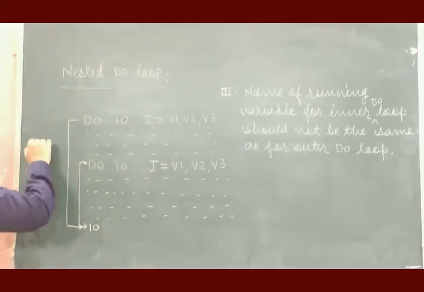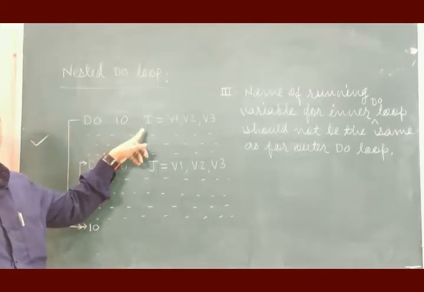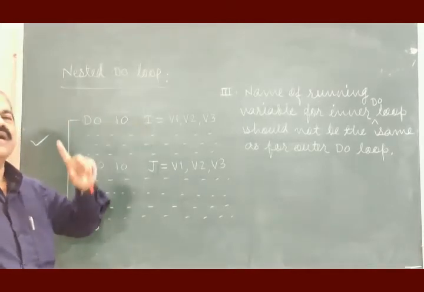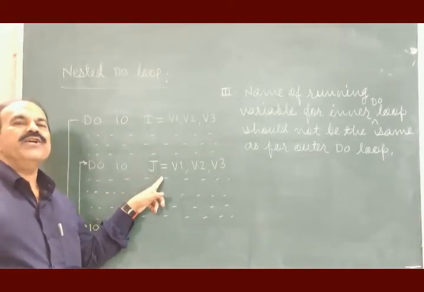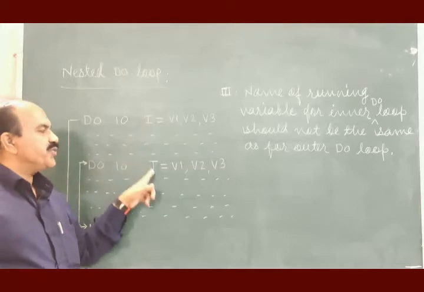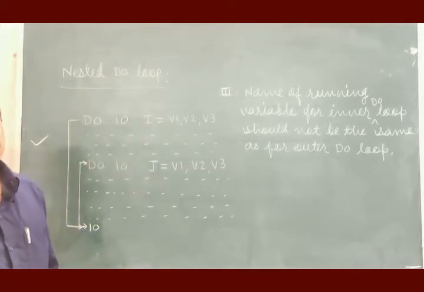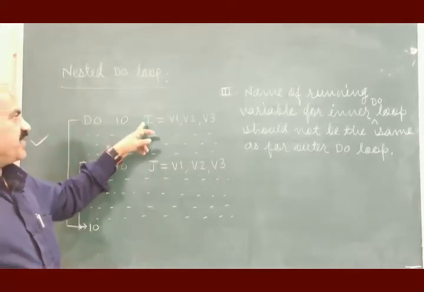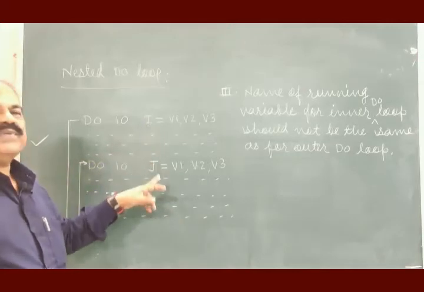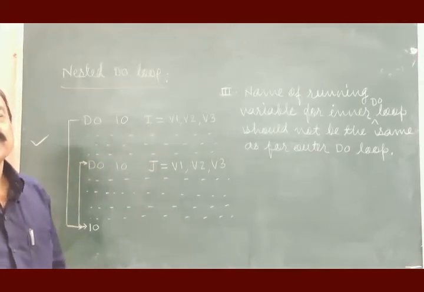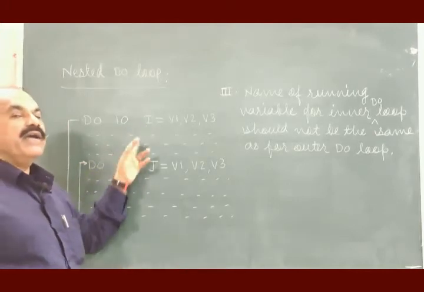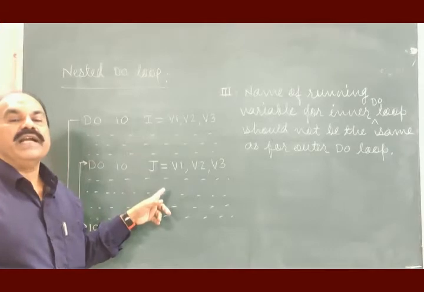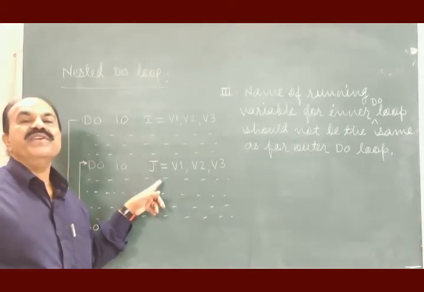It is allowed now. Why is it allowed? Because the name of the running variable in the outer do loop is I, whereas the name of the running variable in the inner do loop is j. These two names are different. The name of the running variable for the outer do loop is I, whereas for the inner do loop it is j.